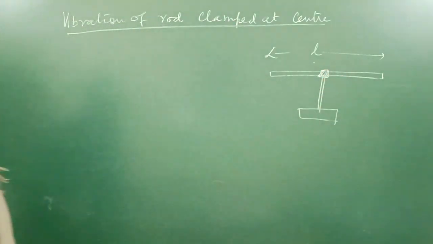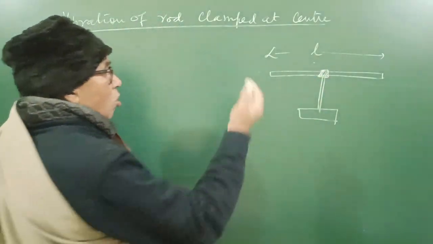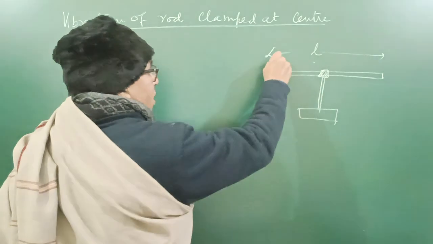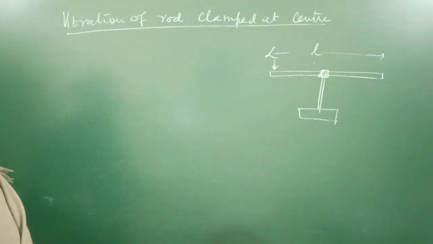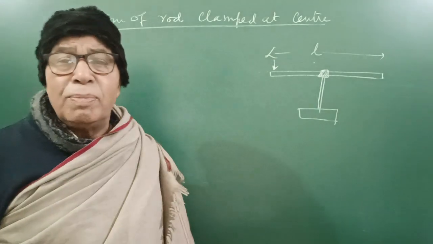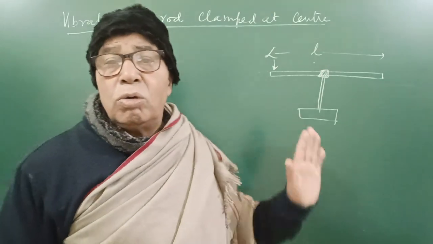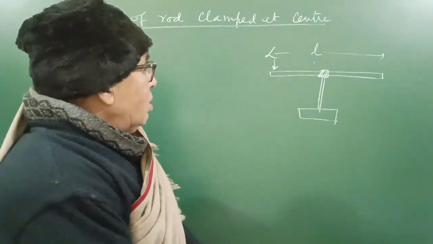Now you may produce longitudinal wave by rubbing it along the length, or you may produce transverse vibration by striking it gently at right angle at one end. Here you can produce longitudinal as well as transverse wave.